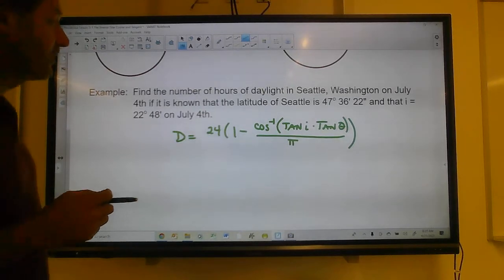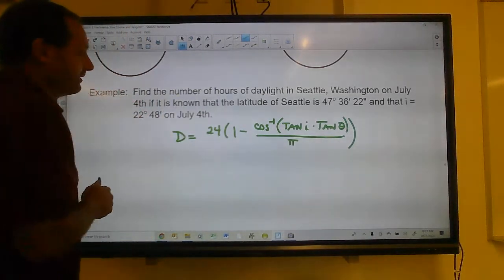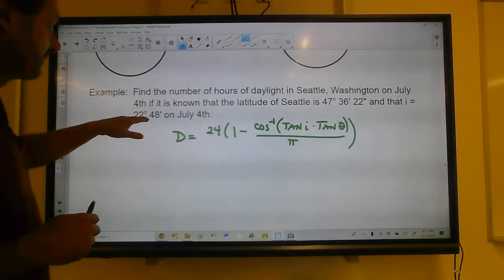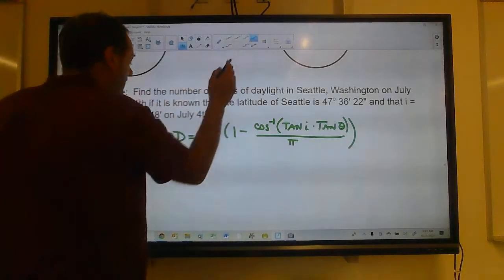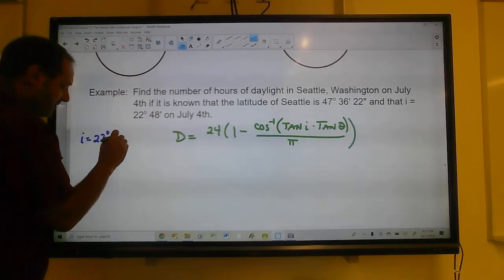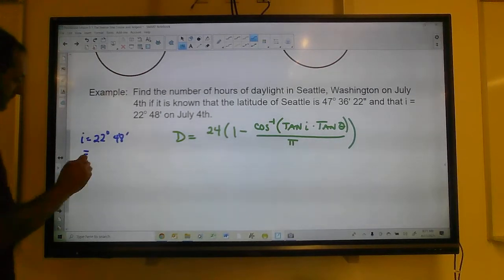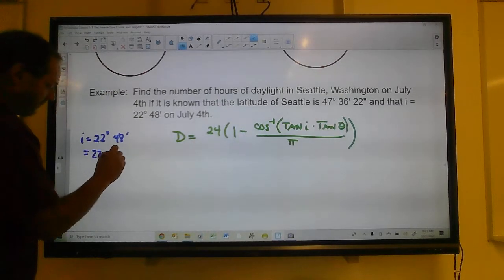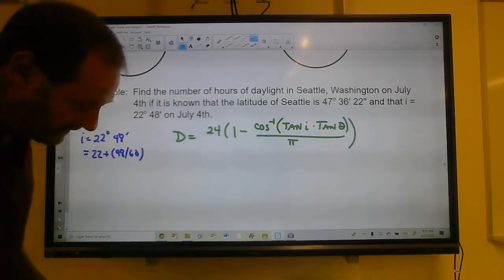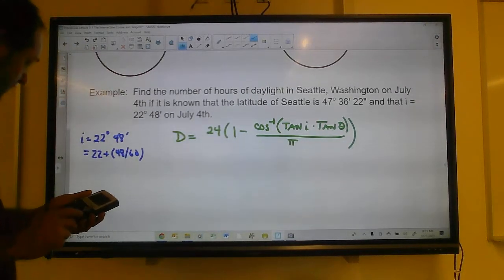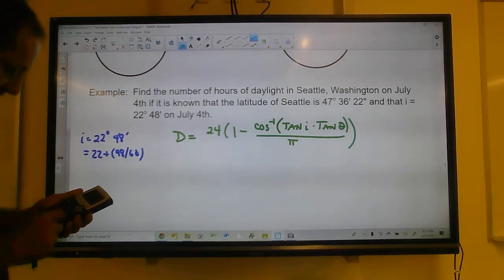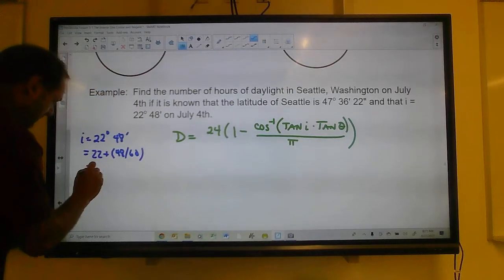The first thing we're going to do is convert these to degrees and decimals. So I, 22 degrees, 48 minutes, is equal to 22 plus 48 out of 60. I get out my calculator and go 22 plus open parentheses 48 divided by 60, close the parentheses, that's 22.8 degrees.